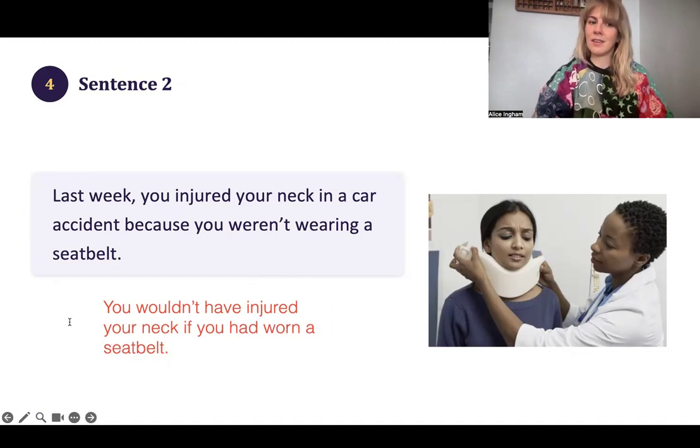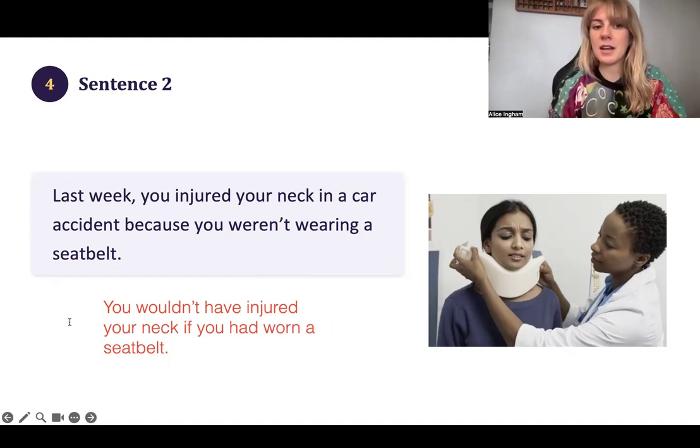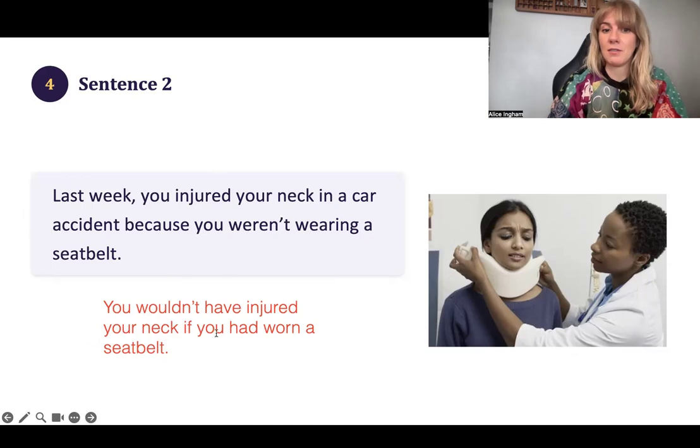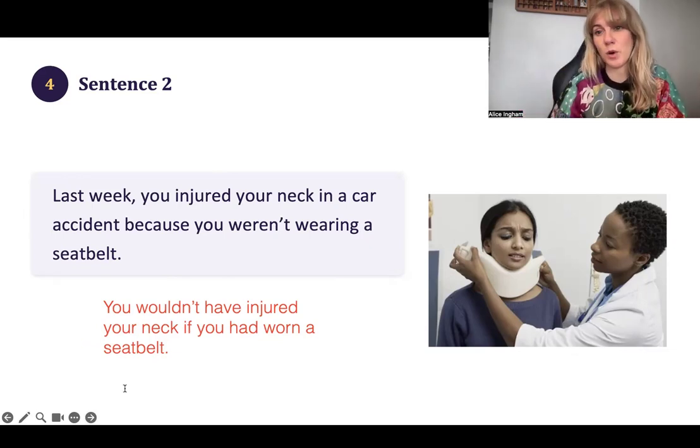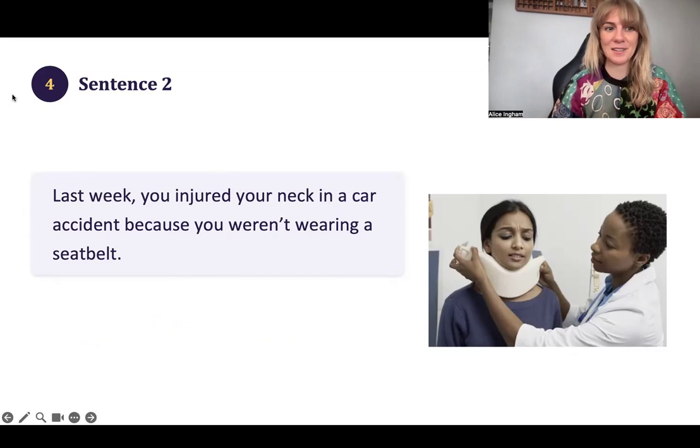Okay. You wouldn't have injured your neck if you had worn a seatbelt. Here I've started with the results clause, so you wouldn't, negative, because really you did injure your neck if you had worn a seatbelt. This verb is interesting, isn't it? Wear, worn, worn. So to use clothes, yeah? This is the past participle of to wear, worn. Okay, how did you do? Let's try another example.